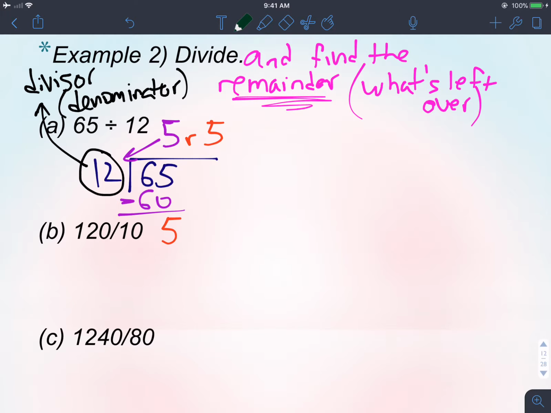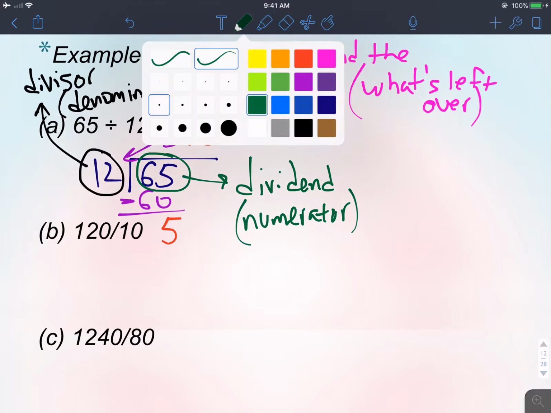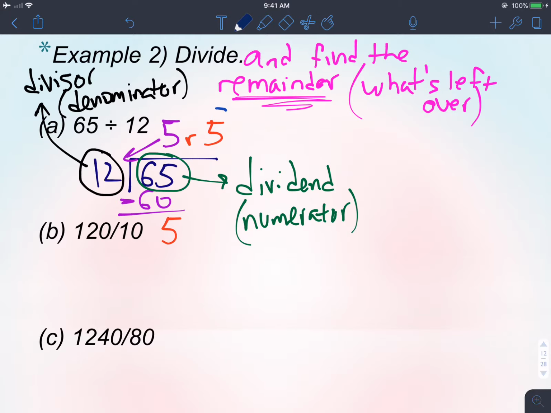The 65 is called the dividend, otherwise known as the numerator. What's left over is called the remainder.